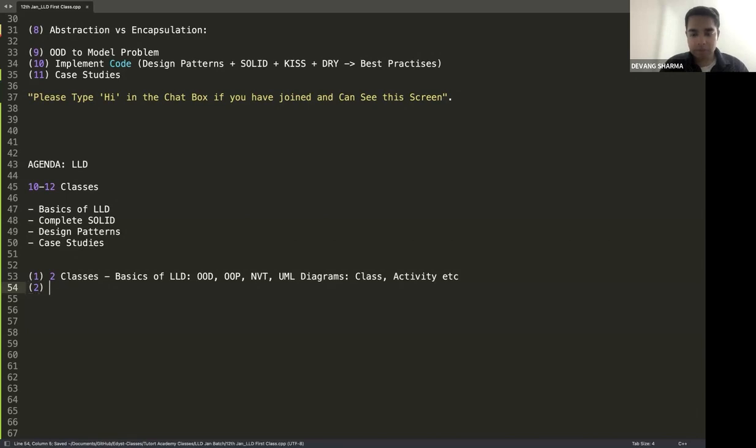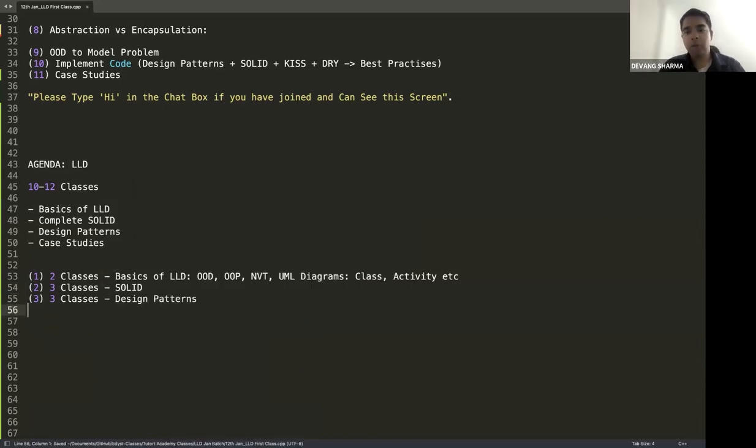Once you have the basics clear, I take 3 classes for completing the SOLID principles. SOLID principles are a very important concept, so it takes 3 classes. When I say 3 classes, we are also going to take a code example with each one of them. That's why it takes so much time. It's not just the theory part of it. Then for the next 3 classes, I focus more on the design patterns.